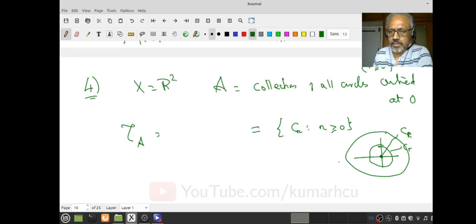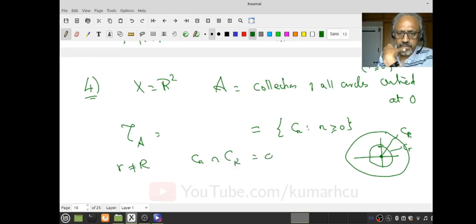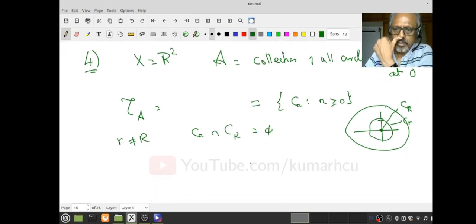So if r is not equal to s, then C_r intersection C_s is empty. You see that? So this collection A is pairwise disjoint.